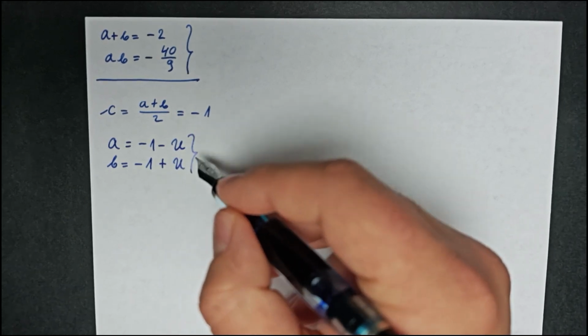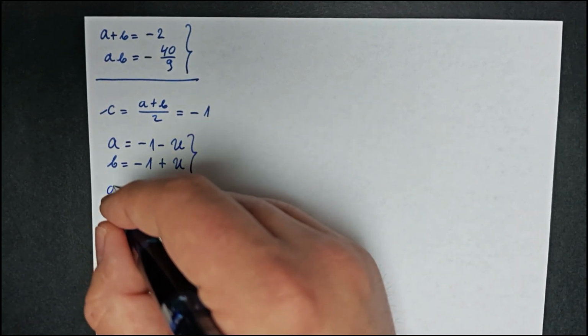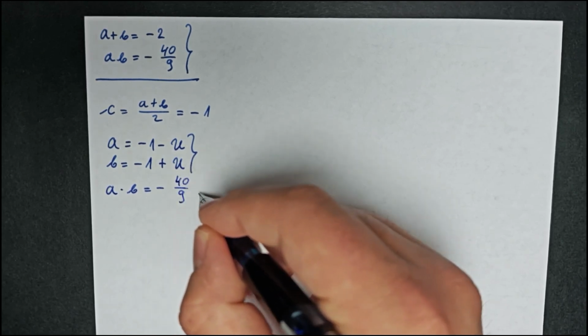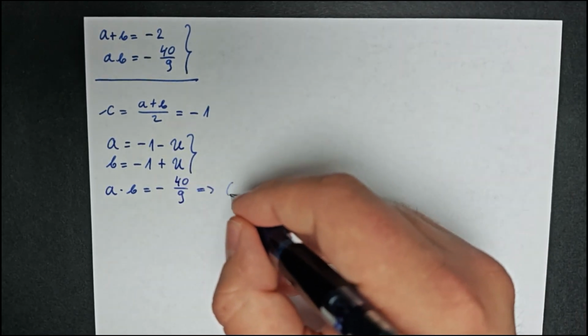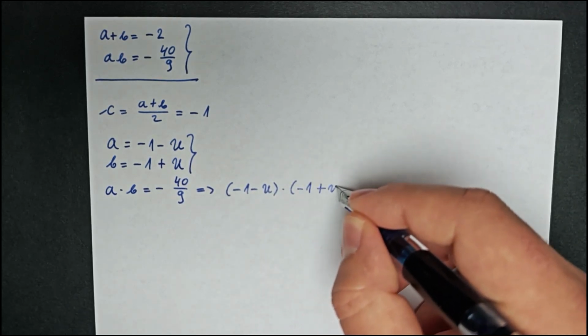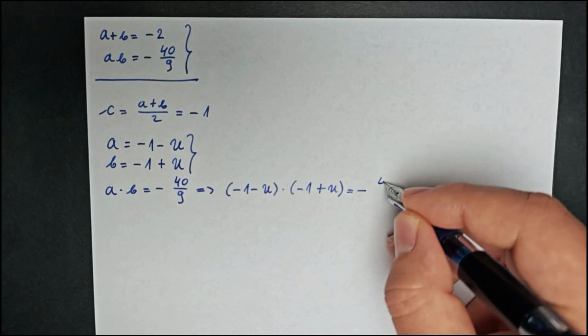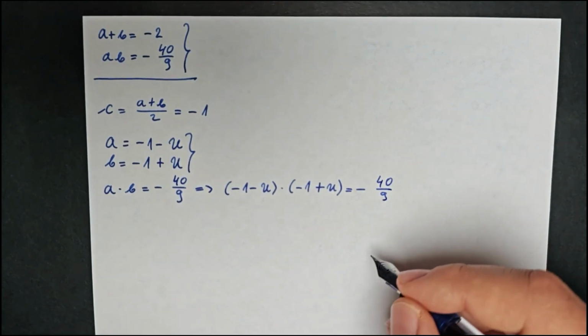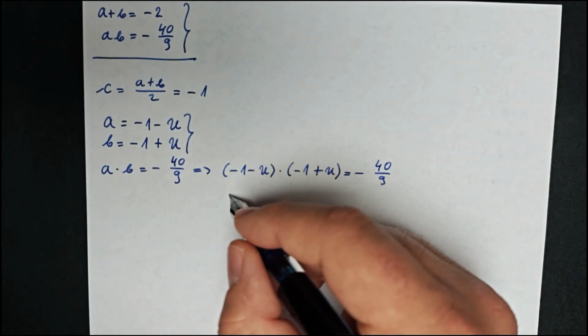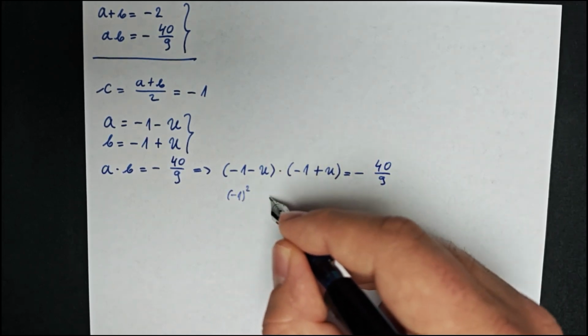Well, from this fact, the equation a multiplied by b is equal to negative 40 over 9 becomes negative 1 minus u multiplied by negative 1 plus u is equal to negative 40 over 9. And then negative 1 multiplied by negative 1 is negative 1 squared.